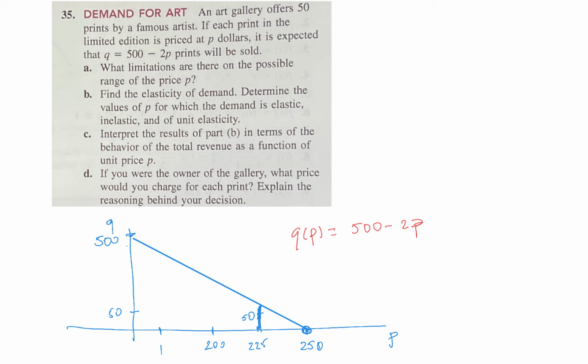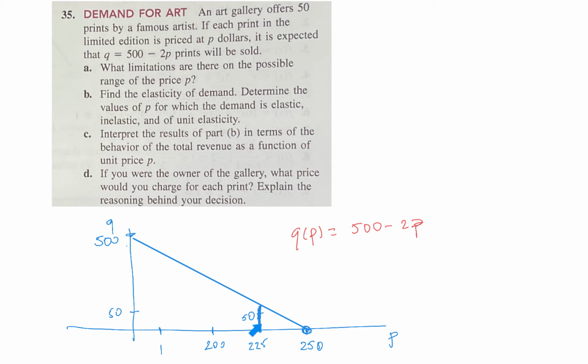So you are here. So the first question says, what are the limitations of the possible range of price? Well, price 0 is one limitation for the possible range of price. And the other thing is that they offer 50 prints. So when P is 225, 2 times 225 will be 450. 500 minus 450 will be 50.